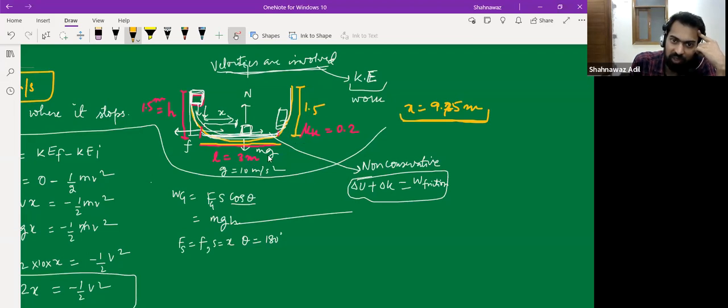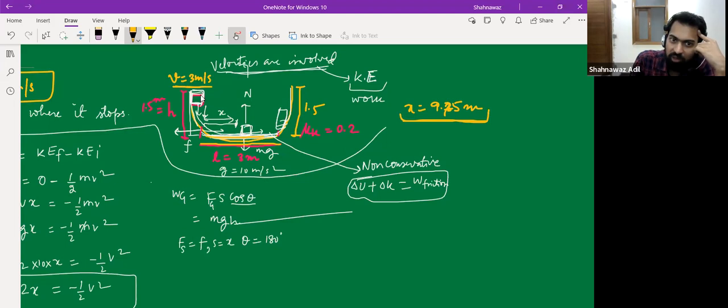And this is 3 meters, and your X came out to be 9.75 meter. So your initial velocity that you gave was so high, and your kinetic energy was so high, that this kinetic friction will not be able to stop it in here, right?